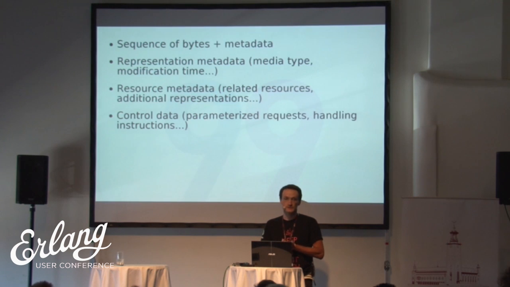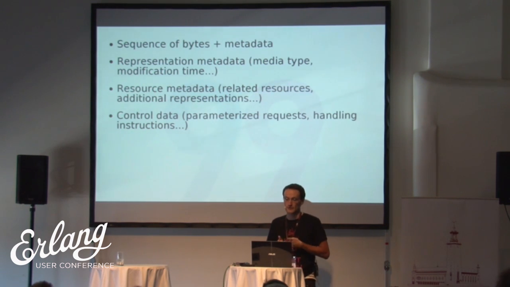There are three kinds of metadata. One covers the representation, for example, when it was last modified, a checksum, things like that. And of course, the most important being the media type, but we will come back to it.